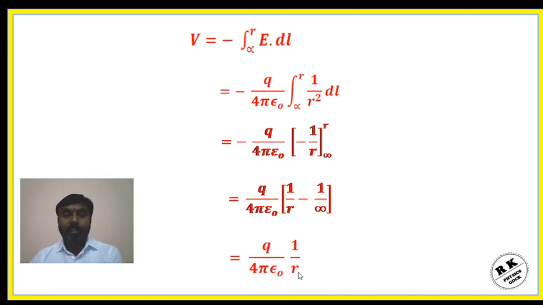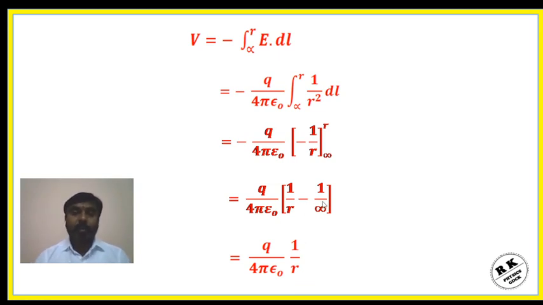We have derived this in the previous tutorials. So we can say that for a uniform spherical charge distribution, if we consider a point outside the sphere, then the distribution appears as if the entire charge is concentrated at the center.